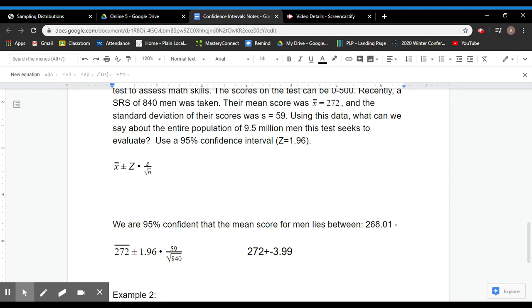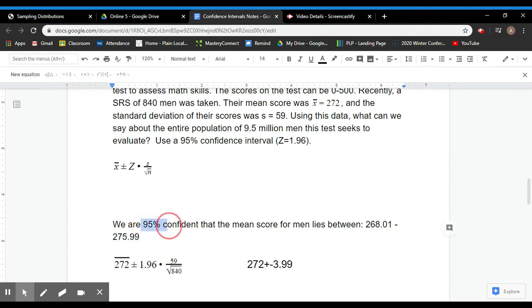For the high end, you do 272 plus 3.99 to get 275.99. So we are 95% confident that the mean score for men lies between 268.01 and 275.99. I'm 95% sure that our true population mean is between these two numbers.